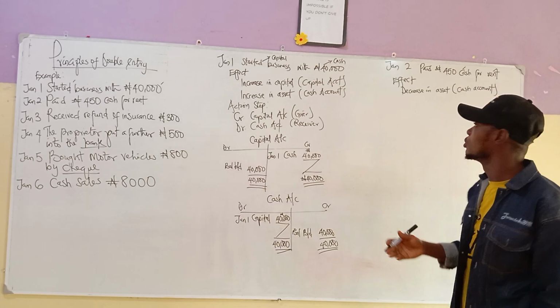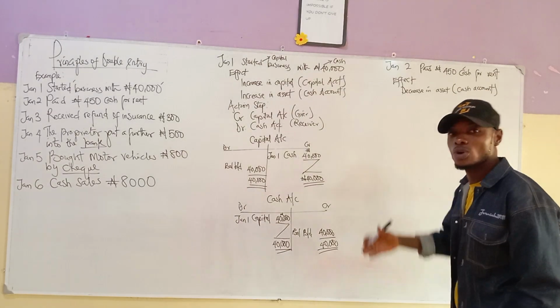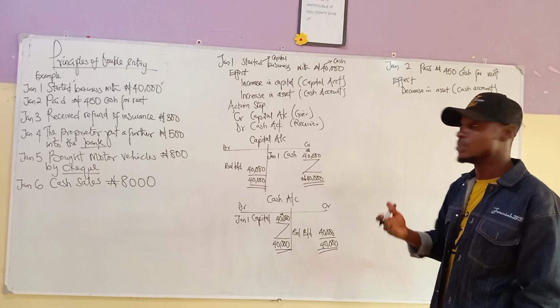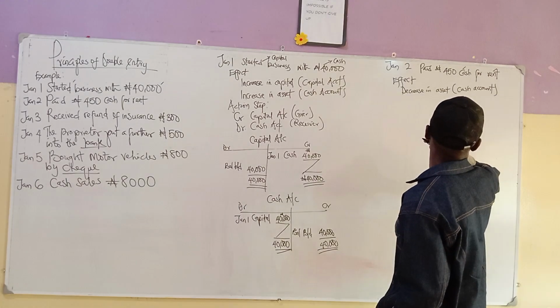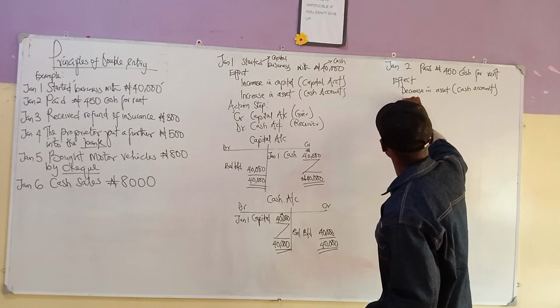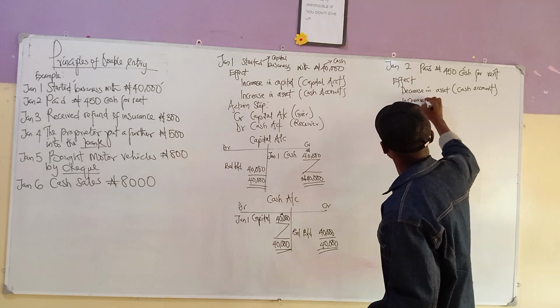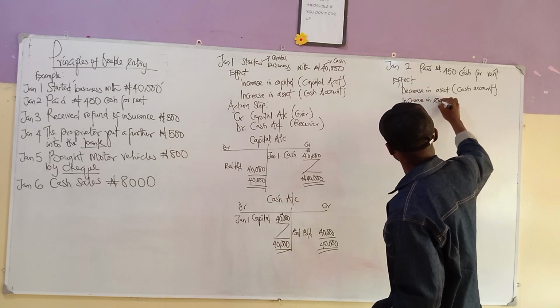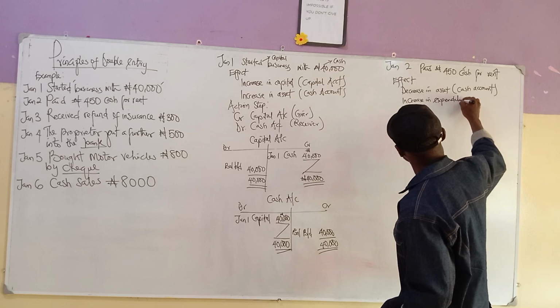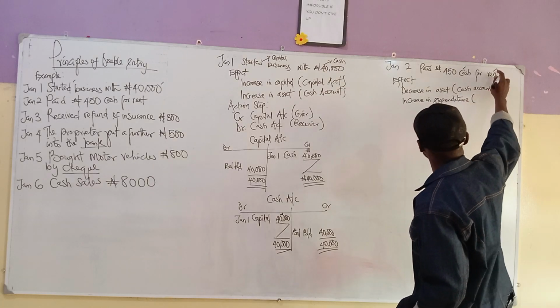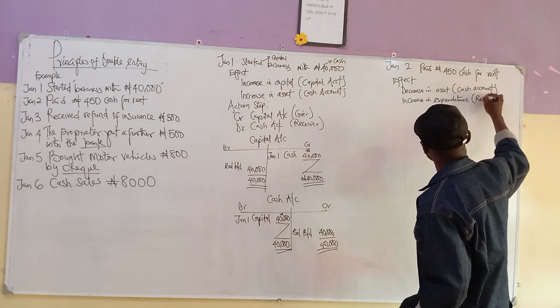When you pay for your rent, it also increases your expenditure. So here you can say increase in expenditure. Increase in expenditure under what account? Rent account.